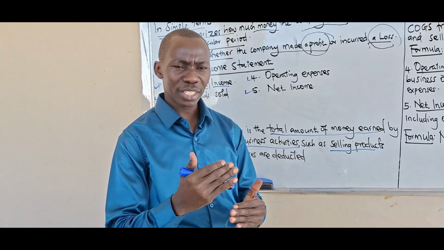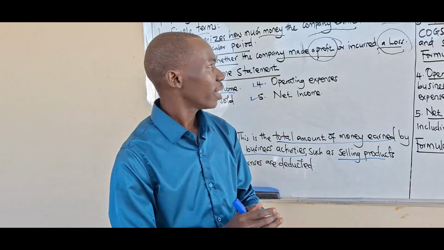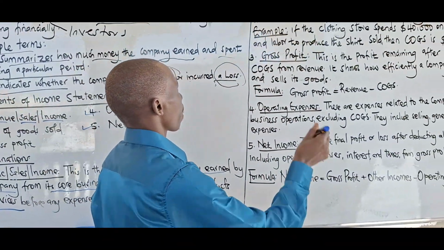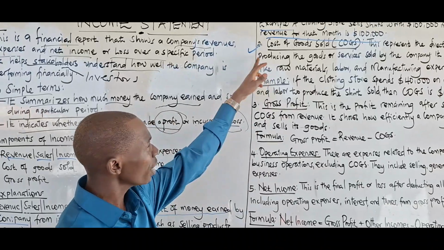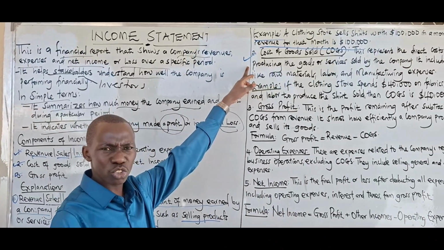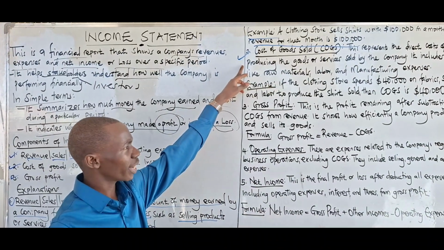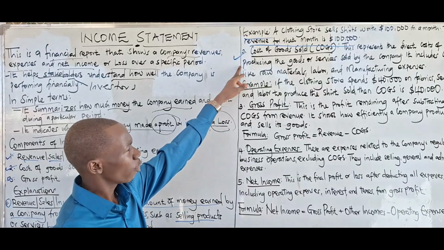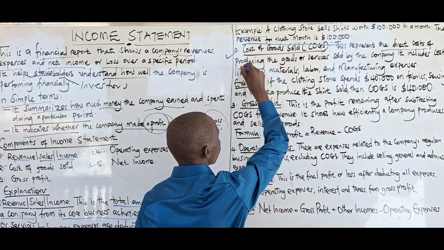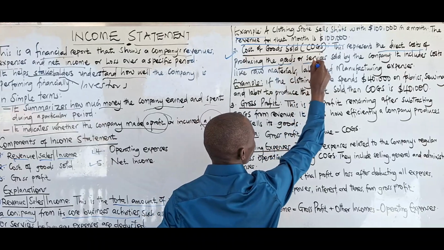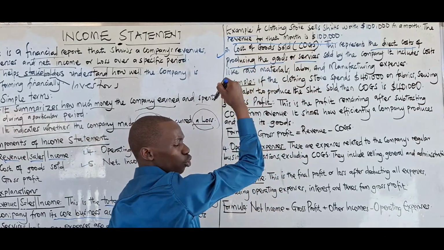So the moment we understand the revenue, we can go ahead and look at another element called cost of goods sold. When I talk of cost of goods sold, this is also an expense, but we call that a direct cost. Which direct cost? This represents the direct cost of producing the good or service. It can be producing or selling.